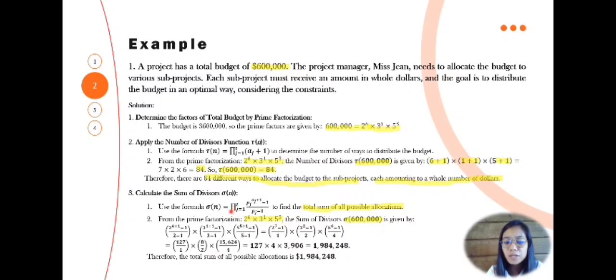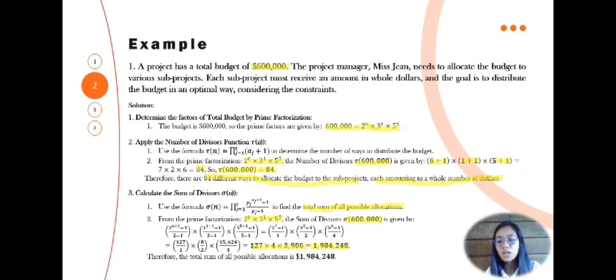We just have to substitute the respective values for p sub j and a sub j, and then performing the necessary operations and simplifying the terms, we will get 127 times 4 times 3,906, which will give us a product of 1,984,248.